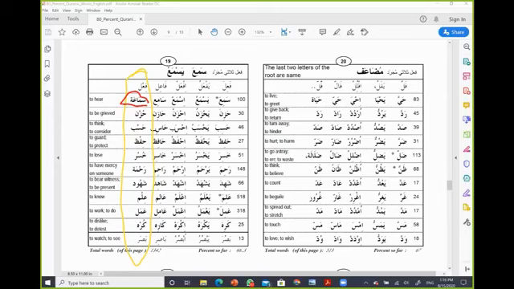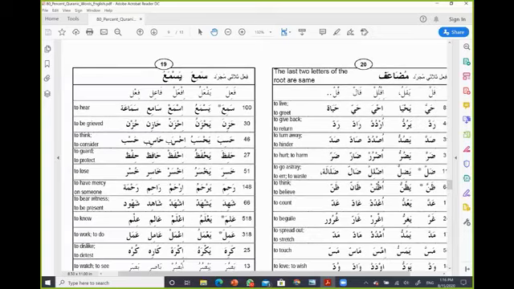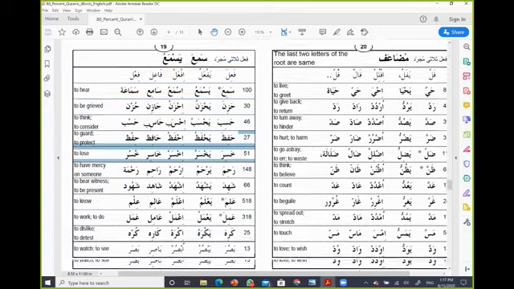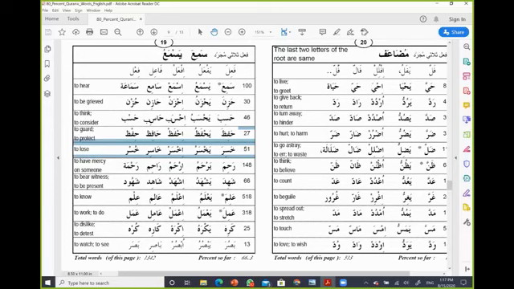And huzn, so right here, hazina would mean they were saddened, and that would be the root. And from here, the present tense would be yahzanu, meaning that they are sad in a present tense or a future tense.